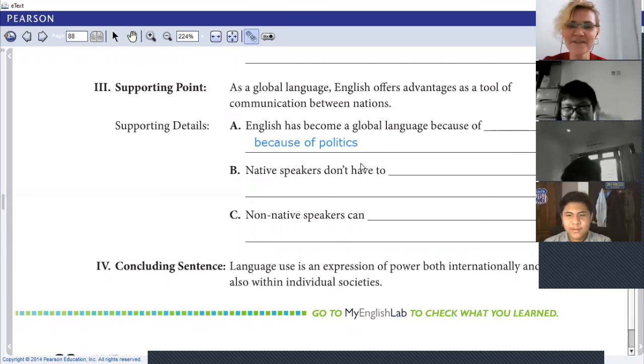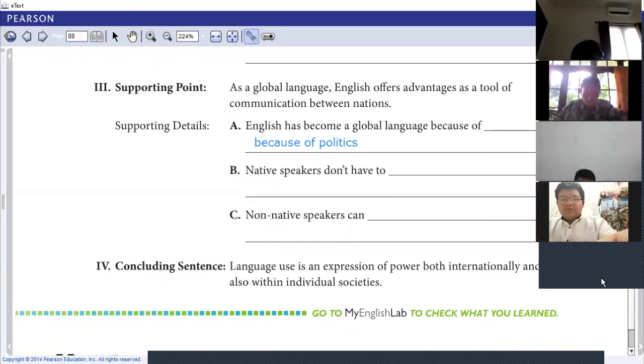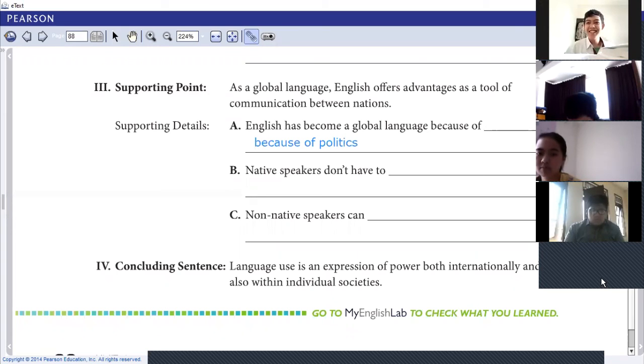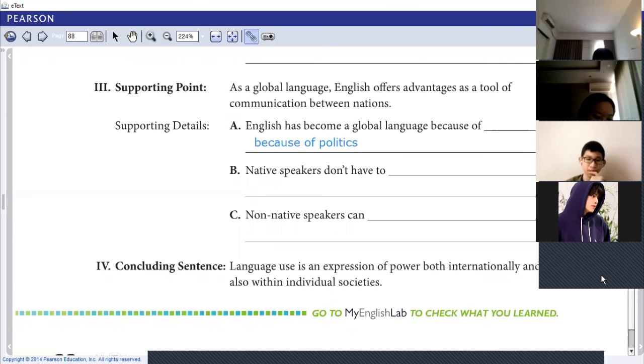Okay, B, native speakers don't have to. What don't they have to do? Someone else. Come on, girls, I want to hear from the girls. Katarina. Okay, Gisela. What about B? Did we do B? No, I haven't, I think.